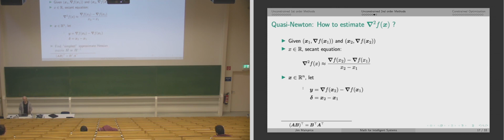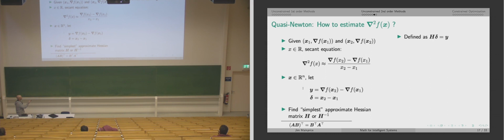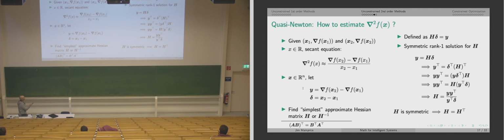What would be the simplest approximation of the Hessian matrix? You can pose that H is equal to, delta being the difference in the points. You can view delta as being some kind of approximation of the gradient itself there. So the Hessian times delta, or this approximation, would be equal to the difference in gradients. And you can derive the following. Here we just apply this rule over and over again.